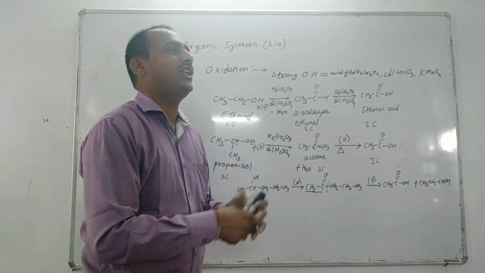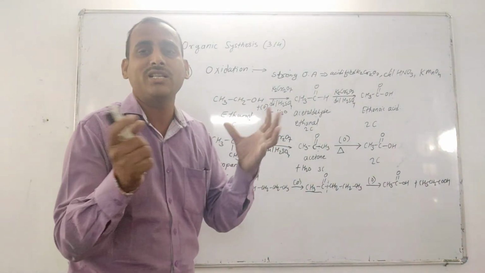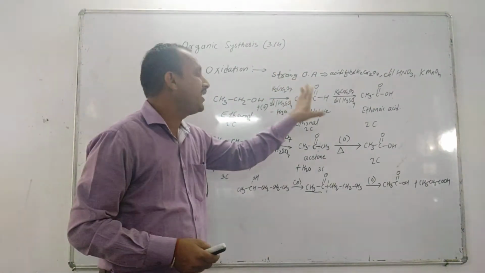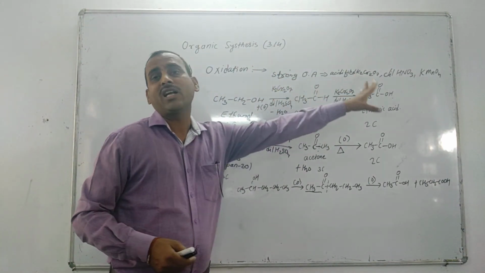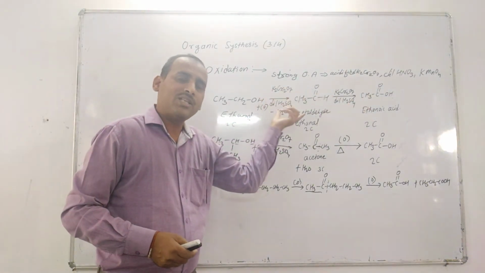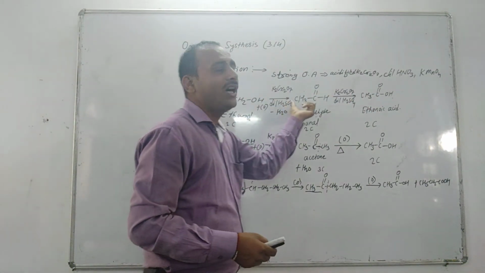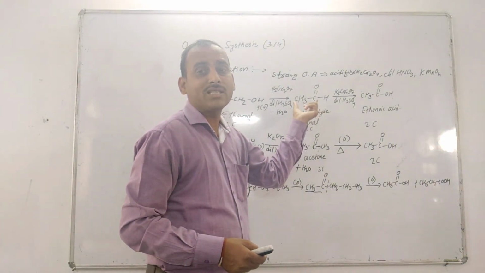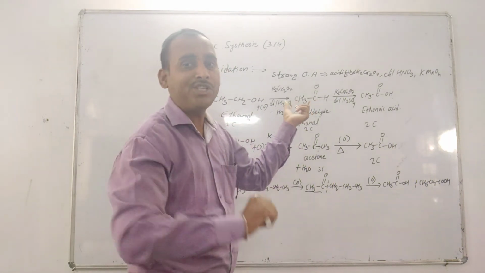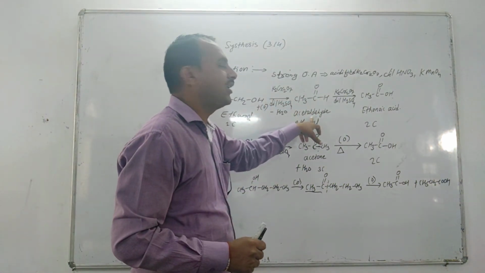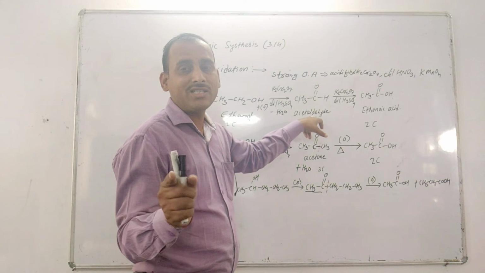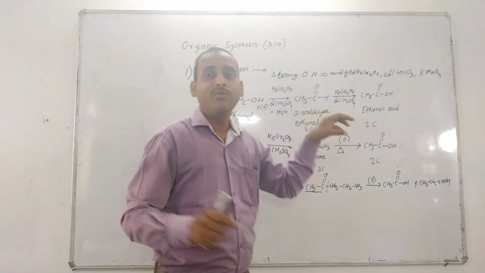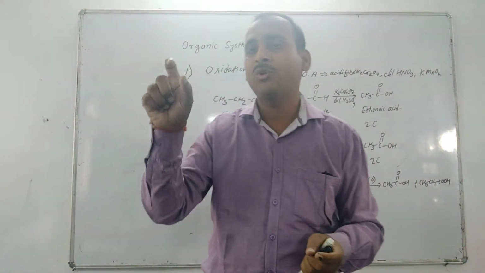Now we have to study the different oxidizing agents which oxidize primary alcohol only to aldehyde and not to carboxylic acid. This oxidation can also be stopped at the aldehyde if the reaction is carried out at the boiling point temperature of the aldehyde.